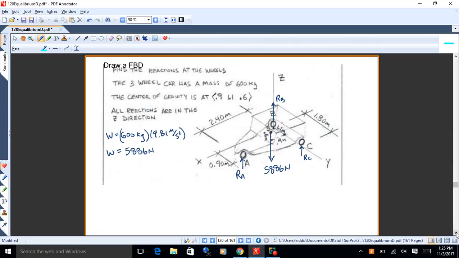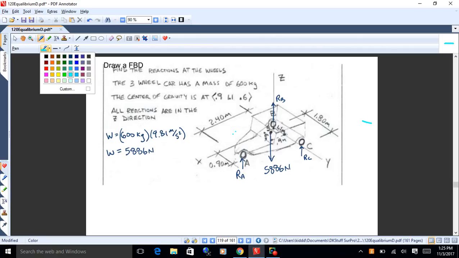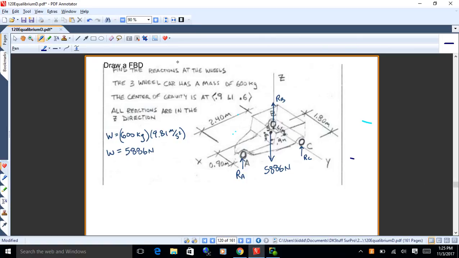Now, the first approach is kind of the quick way to solve some of these. You can't do this with all the 3D problems, some of them are too complex. But on this type, what I would try to do is turn it into a 2D problem.